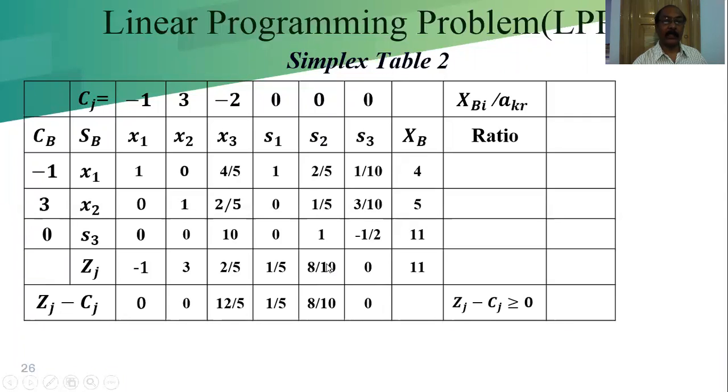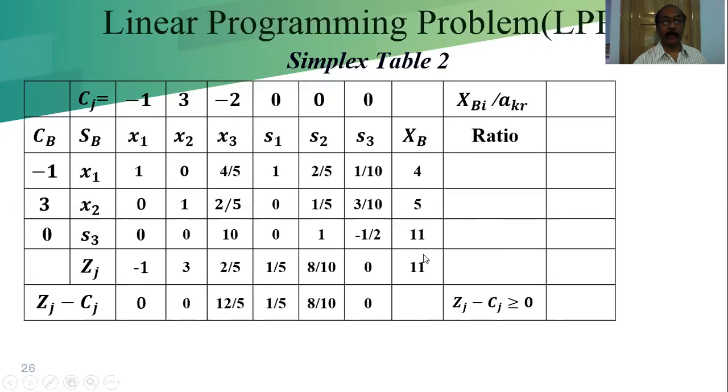That's why 0 minus 0 is 0 in this case. And all other entries are okay. Now from Zj to Zj minus Cj, all Zj minus Cj are greater than or equal to 0. Few entries are 0 and few are greater than 0. So this is our optimum table. And what is the optimum value? The optimum value is 11 for our sub problem, not for the main problem.